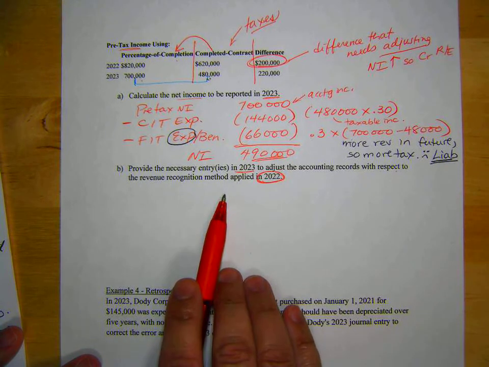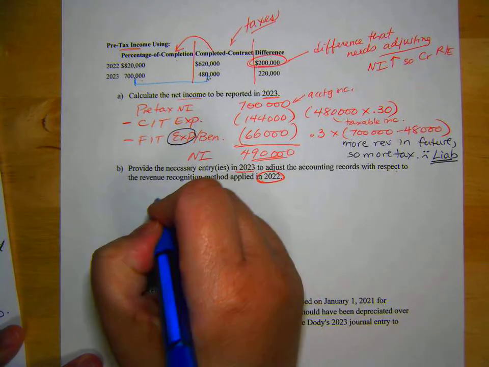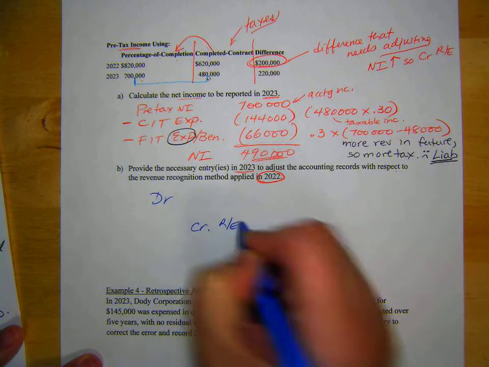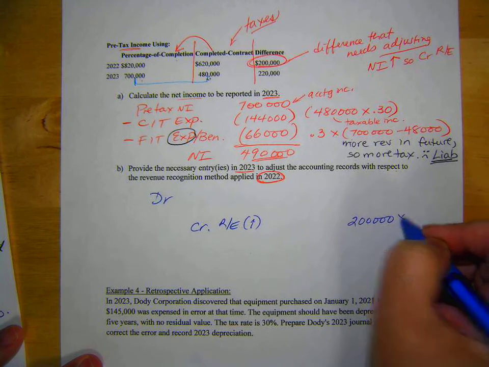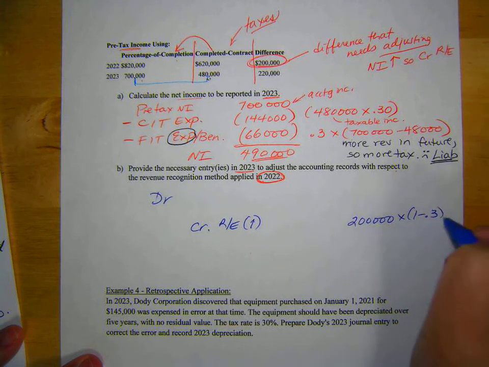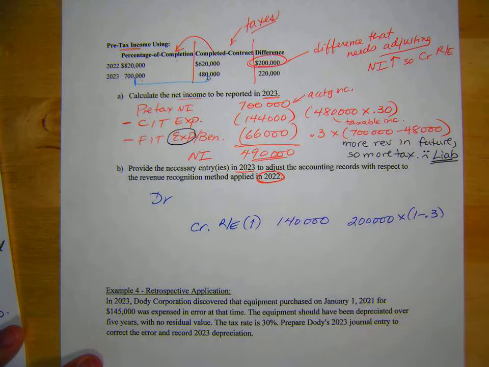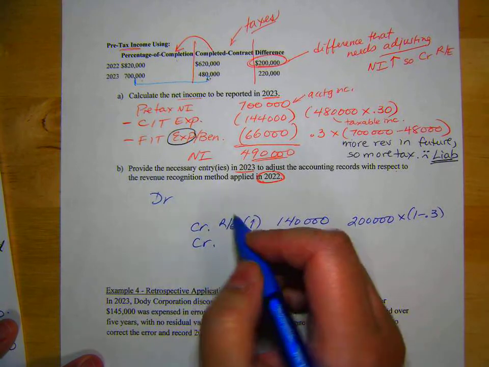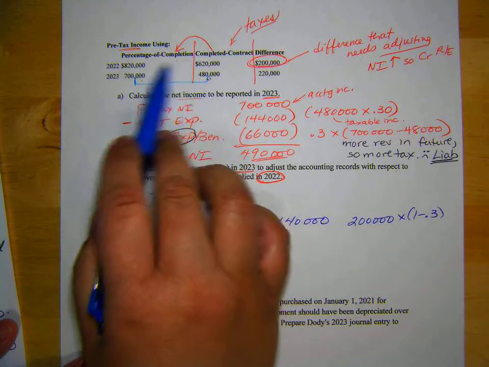So what we have to do here is adjust it for 2022. So we're going to leave a space for debit. We're going to have a credit. And we're going to adjust retained earnings because it's going up times 1 minus 0.3, which equals 140,000. Now, that difference has to go to FIT liability because, again, we're in the same boat.